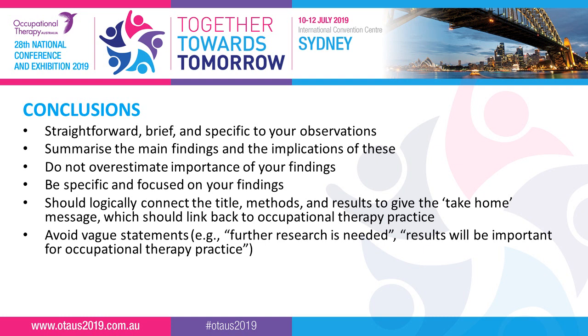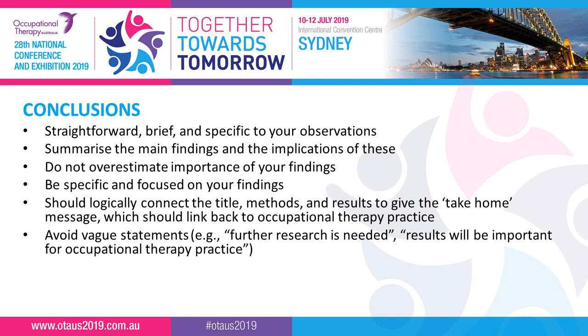These, again, should be punchy and powerful. If somebody's read your abstract, this is what will remain with them when they're finished. So you want to make sure that it's really clear and gives people a really good summary of what you've found in this project or this study. So it should be straightforward, brief, and specific to what you have found in your study or concluded from your project.